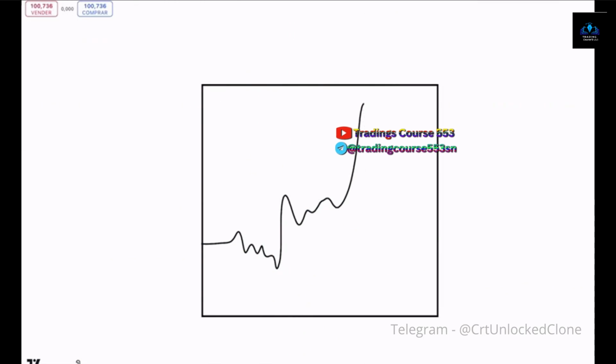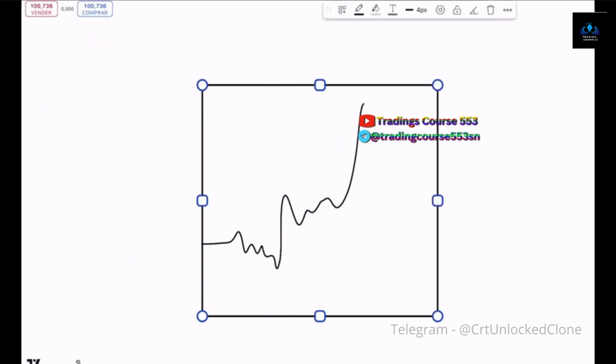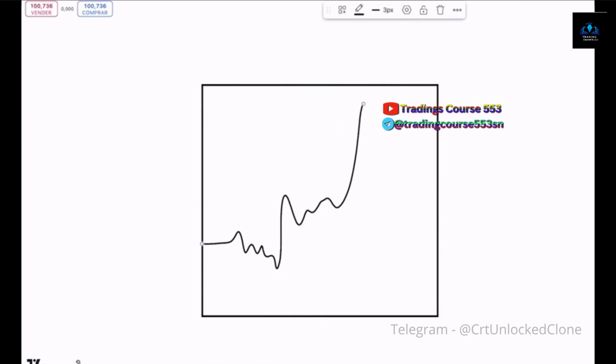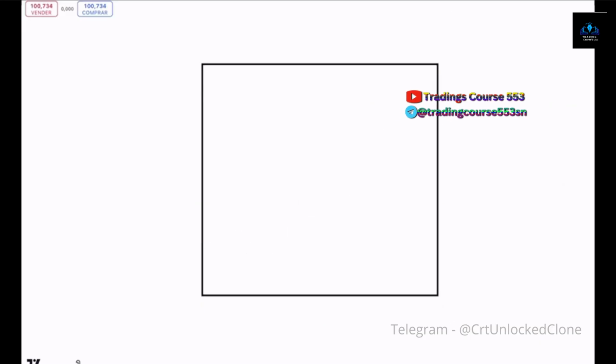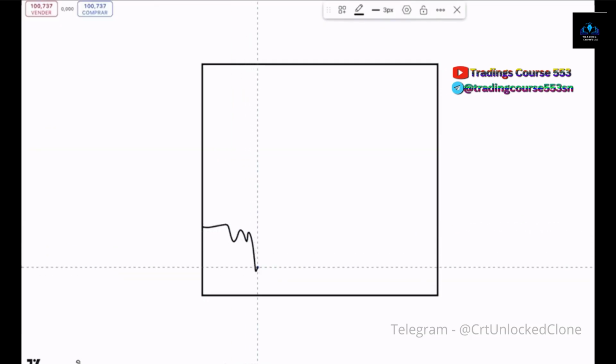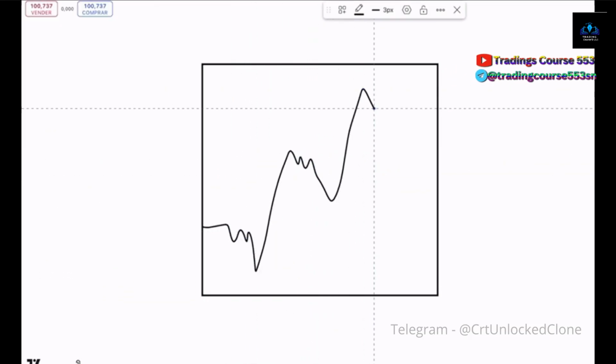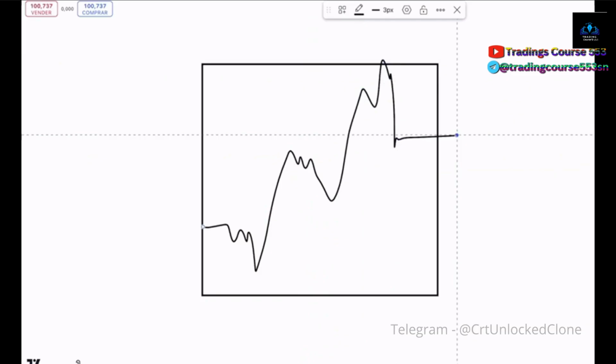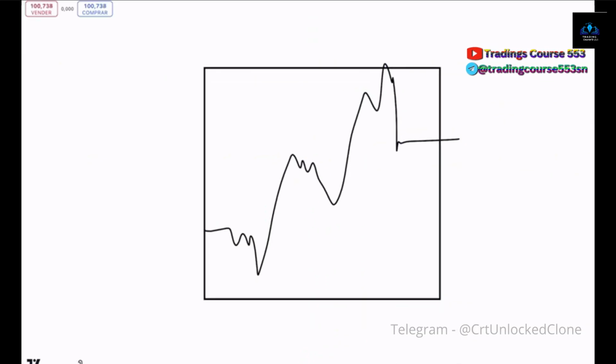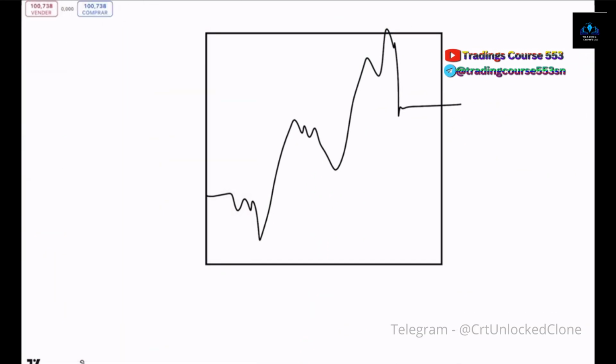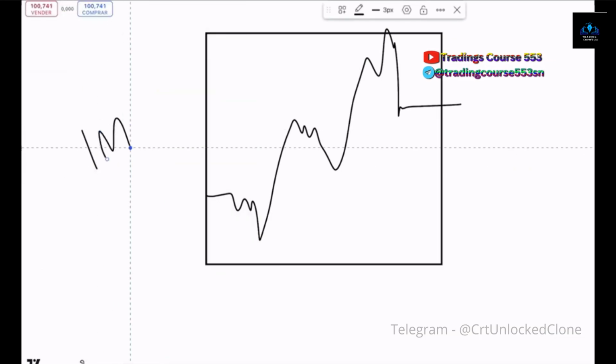If you are a CRT trader, then you're looking to trade a specific range of a candle, right? Open, low, high, and close. All right, this is a candle. This could be a 1 month candle, right? Week 1, week 2, week 3, week 4.